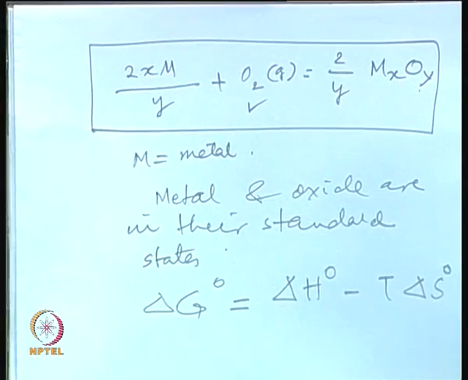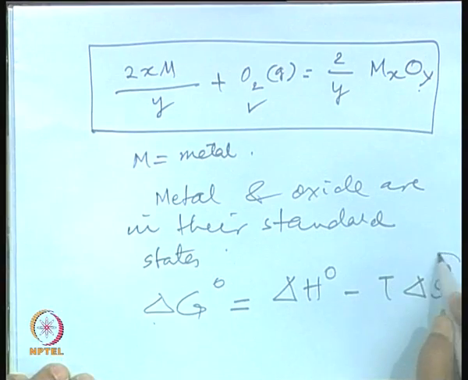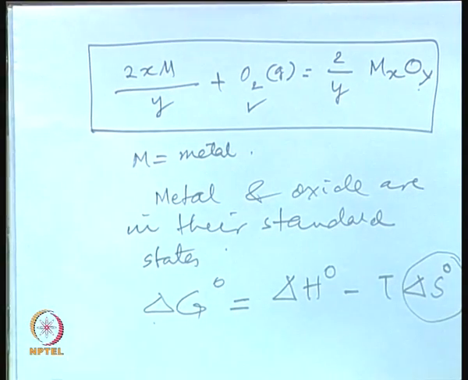I would not explain why they do not change with temperature. They more or less remain independent of temperature. This is the equation of every line. So, we have delta G naught, delta H naught is the intercept, delta S naught is the slope.